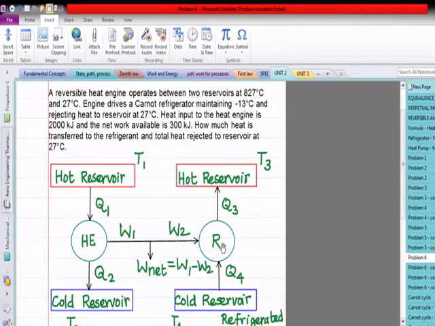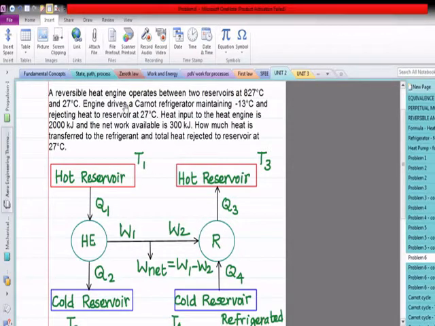Refrigerator transfers heat from a cold reservoir to hot reservoir. For transferring this heat, a work input is required for the refrigerator. So this is the contrast between a heat engine and a refrigerator.